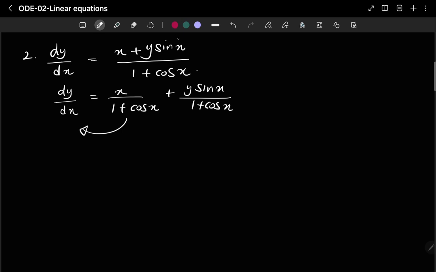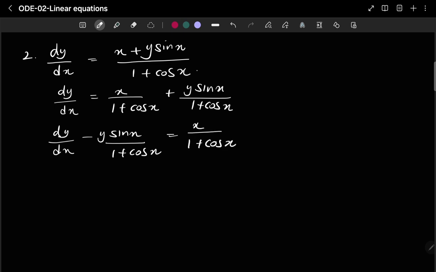Taking this to the other side, because y is there, we get dy by dx minus y sin x over 1 plus cos x equals x over 1 plus cos x.